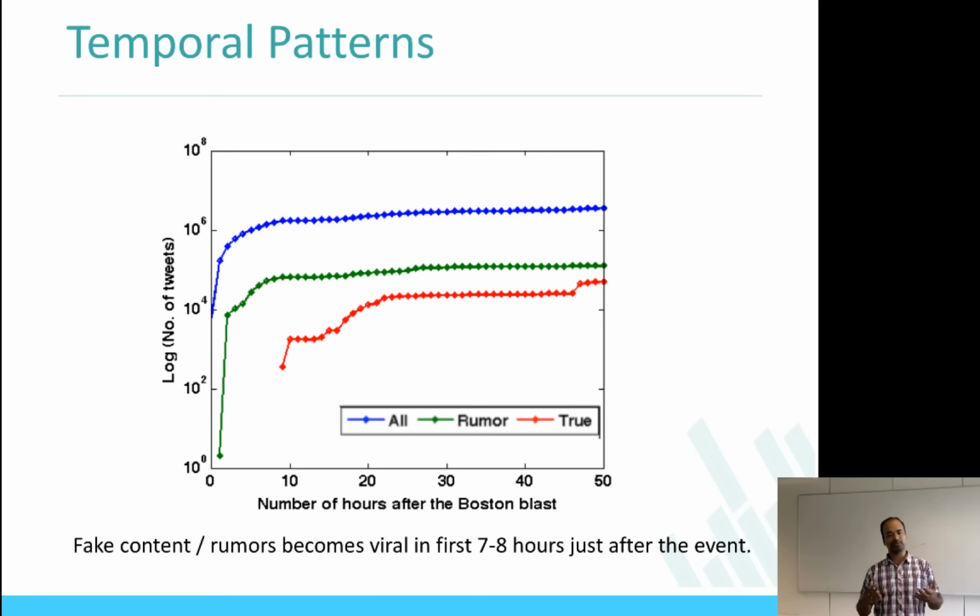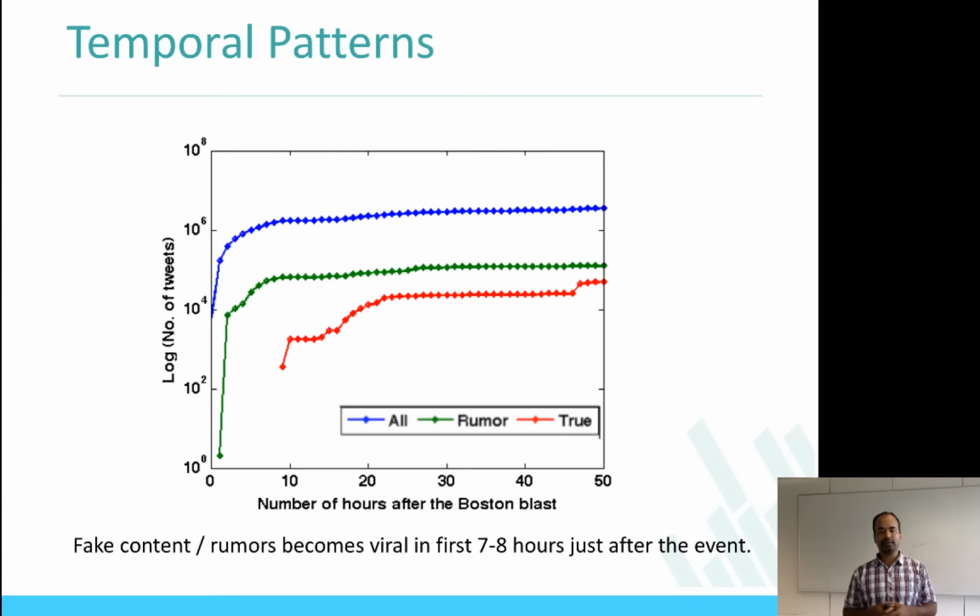For example, one post said that an 8-year-old kid was part of the Boston blast, when there was no kid involved. Another tweet said, please RT this tweet and we will pay $1 to Boston Marathon League, which also was not true. There are many examples like this, and these tweets got retweeted thousands of times when the Boston blast happened.